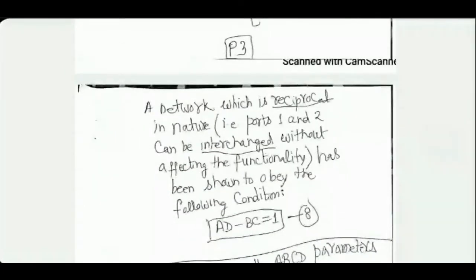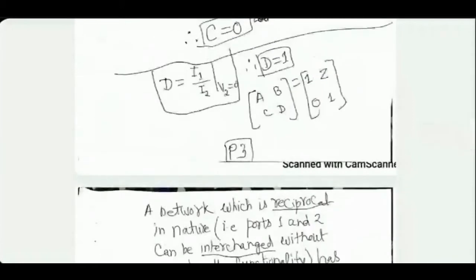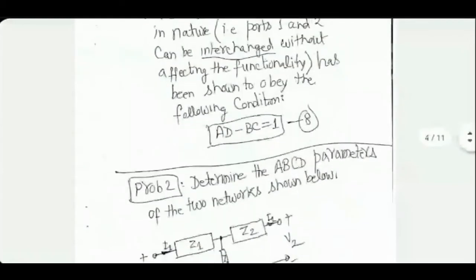I will probably show the derivation for this in a different presentation someday, but right now take it from me. That AD minus BC equal to 1 is the condition for reciprocity of any two-port network. So this network that we have just considered, you see AD is 1, BC is 0, so AD minus BC is 1. Hence it's a reciprocal network.